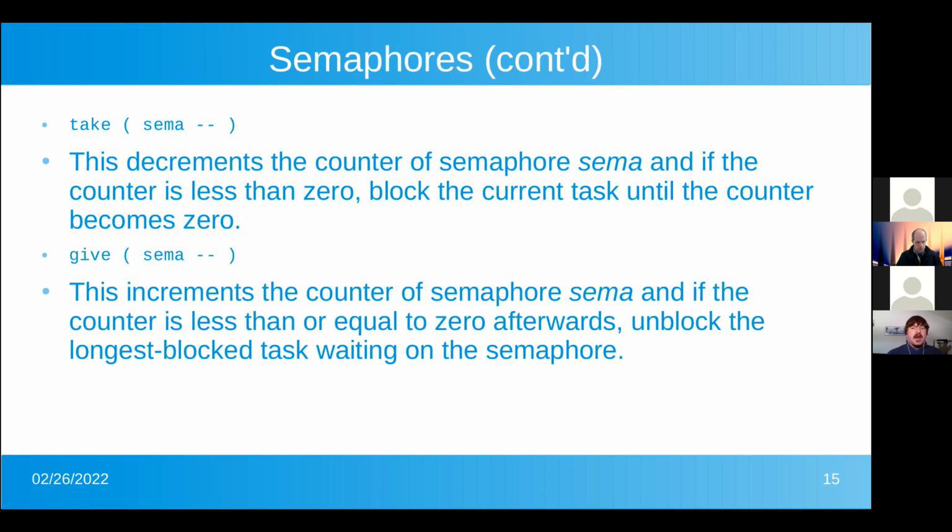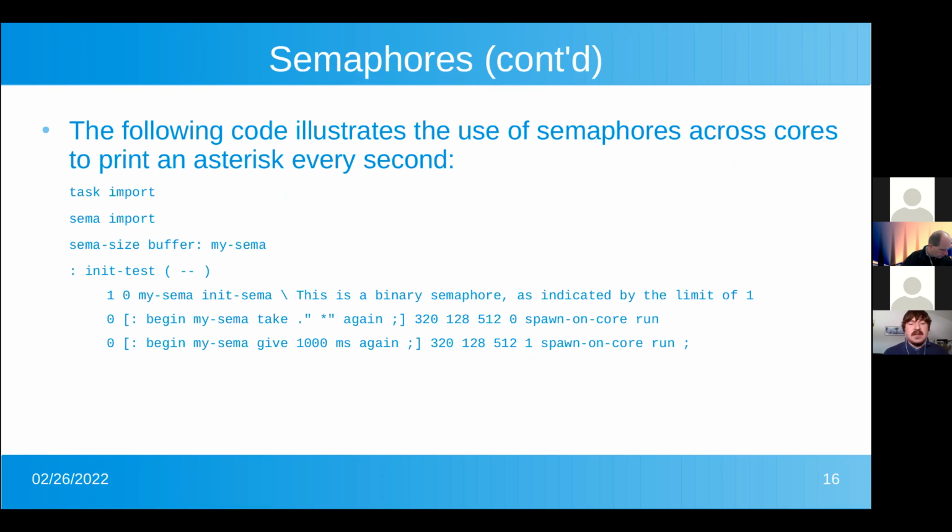Take decrements the counter, and blocks the task until the count becomes positive, and give increments the counter, and if the counter is less than or equal to zero afterwards, it unblocks the longest blocked task waiting on the semaphore. And here is a simple example.